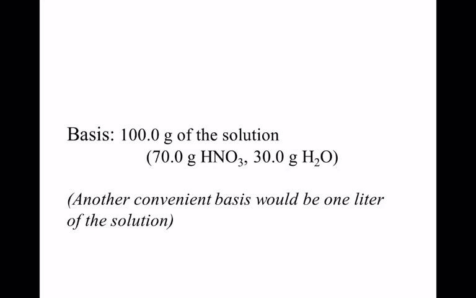And do you buy this? Since there are only two things added together that make 100%, that means I have 30.0 grams of H2O. That's important. So I'll put this. Assume that, and that means I have 70.0 grams of HNO3 and 30.0 grams of H2O, just by definition.